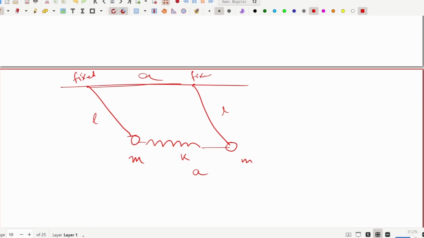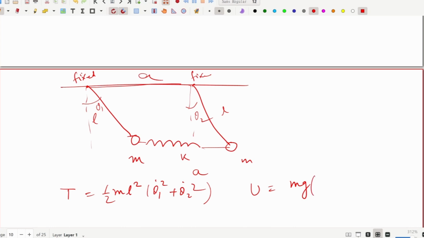Okay. So now if you have to find the Lagrangian for this system, the kinetic energy, calculated in a similar way, will be half m L square theta 1 dot square plus theta 2 dot square, assuming that this angle is theta 1 and this angle is theta 2, and the potential energy will be mg times (1 minus y1).